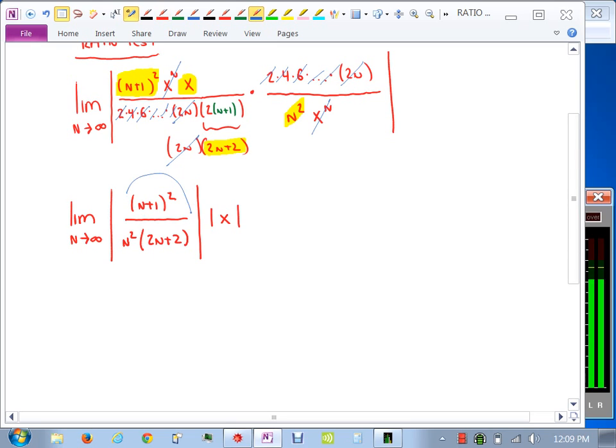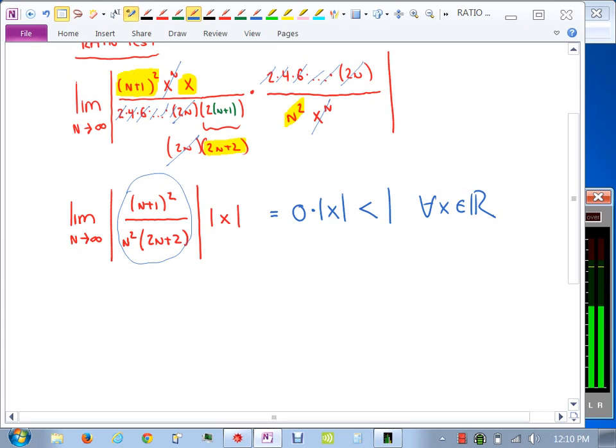Yeah, this right here, because it's a squared over something that's cubed, you divide through by n cubed or use L'Hopital a couple of times, you're going to get 0. So this equals 0 times absolute value of x, which is always less than 1, right? For all x. No matter what my x is, it's always going to be less than 1.